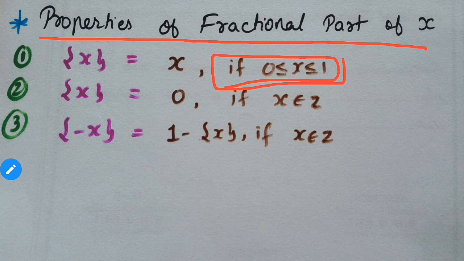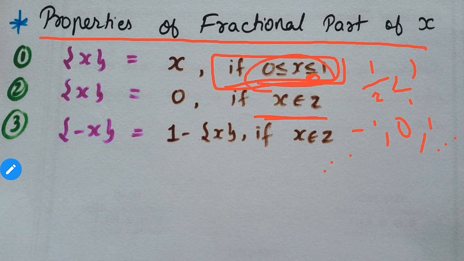Because we know fractional part is not equal to 1, it will be less than 1. So we know fractional part is like 1/2, 2/3. These are fractional part, that is between 0 to 1. Now fractional part of x is equal to 0 when x belongs to integer. So minus 1, 0, 1, and so on. Whenever it's integer, then its value is 0. So here it is not equal to 1. This value will be 0 less than or equal to x, less than 1.